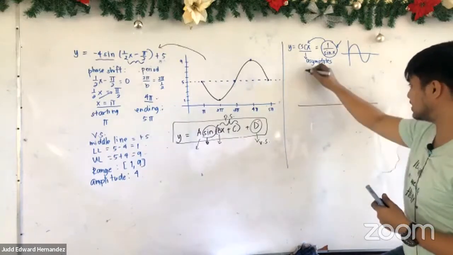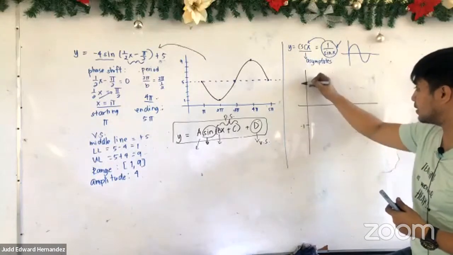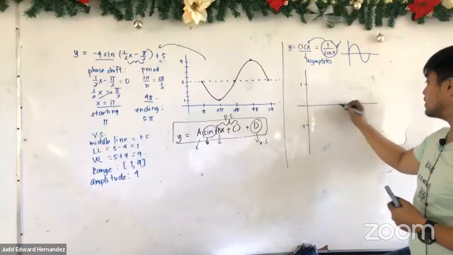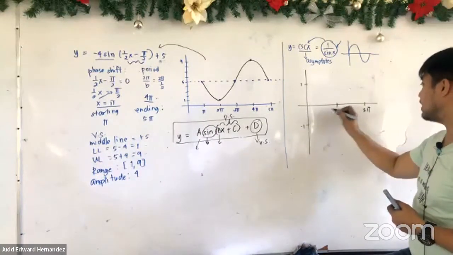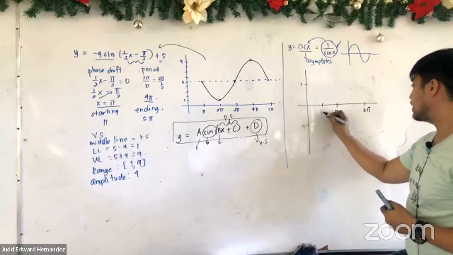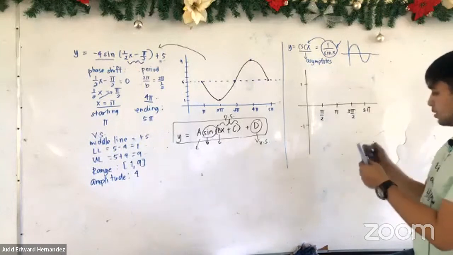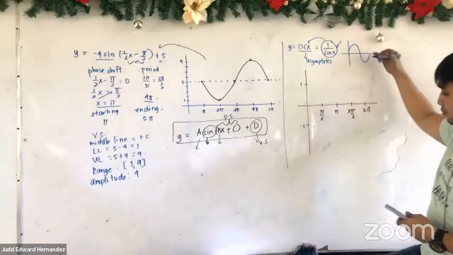Graph muna natin si sine. So pag graph natin si sine, ang range niya is from -1 to 1. Tapos, ang period niya is 2 pi. So, ang gitna niya is pi. 1/4 niya is pi over 2. At ito po ay 3 pi over 2. So, pag graph natin siya, magiging ganito yung itsura niya.